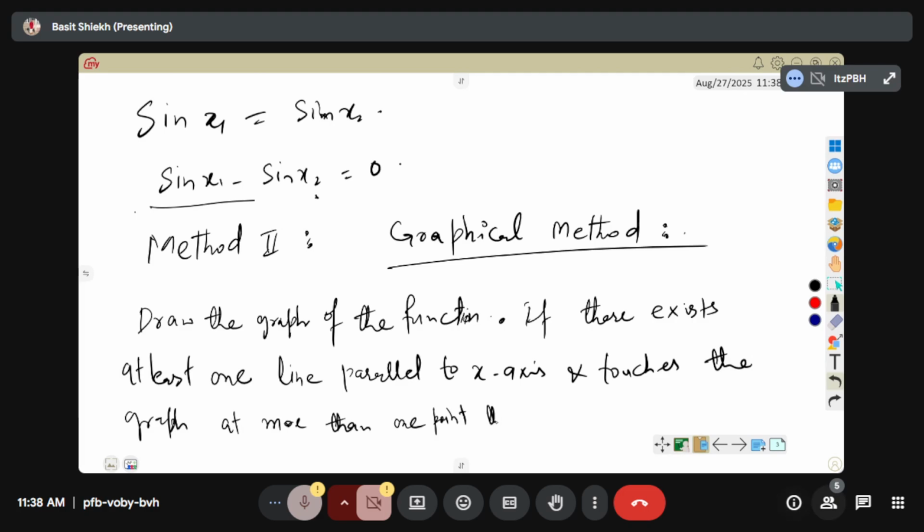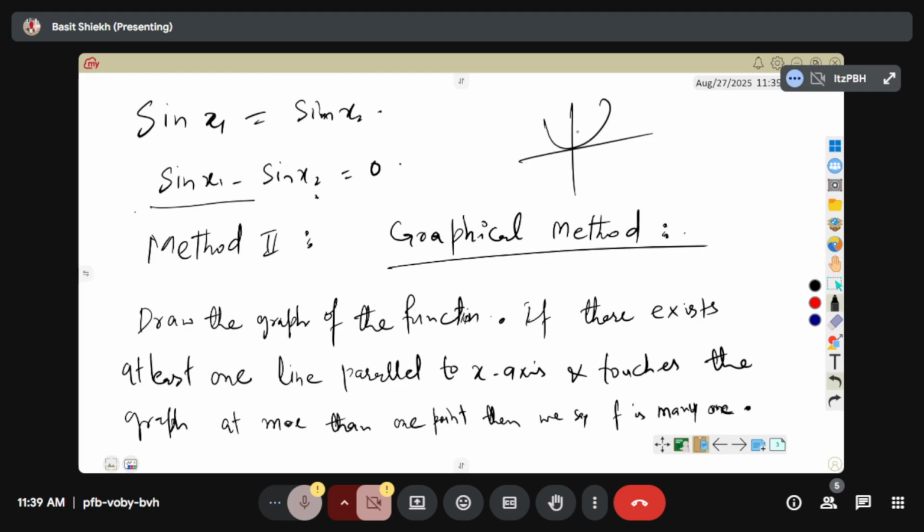then we say f is many one. More than one point means 2 points, 3 points, 4 points, at least one line. If there is no line which touches the graph at more than one point, then we say it's one-one.